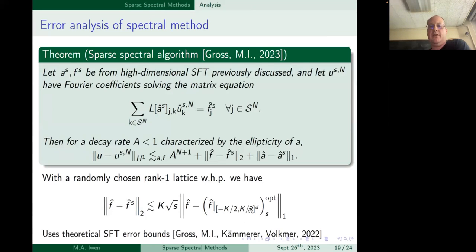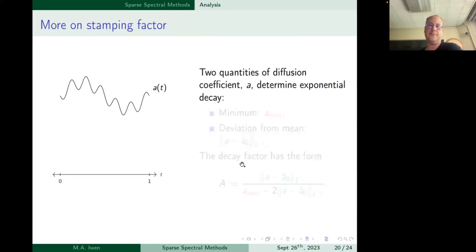Okay, so if you choose your sparsity well enough and you actually have compressible diffusion coefficients and forcing functions, and if you choose your stamping set level large enough, you can control your approximation error and get good answers using this sort of technique.